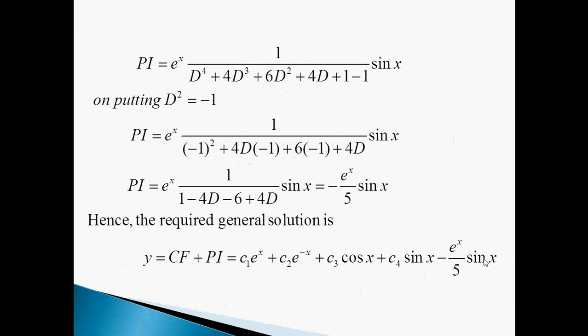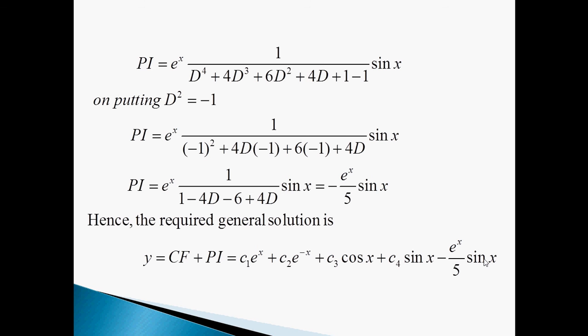Now we expand (D plus 1) to the power 4 as D to the power 4 plus 4D cube plus 6D square plus 4D plus 1 minus 1, sin x. Now we put D square equal to minus 1 because the coefficient of x in sin x is 1, so minus a square is minus 1. The particular integral is equal to e to the power x; we put in place of D square as minus 1.